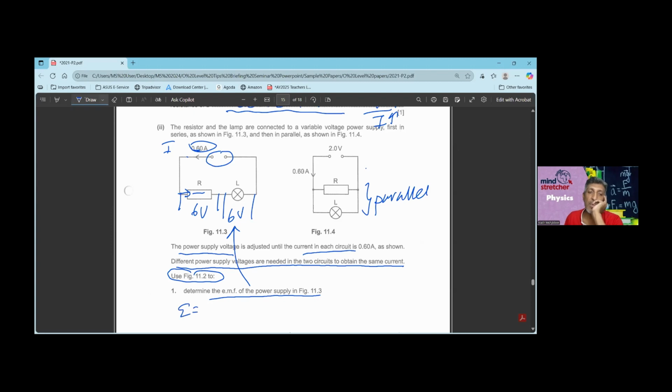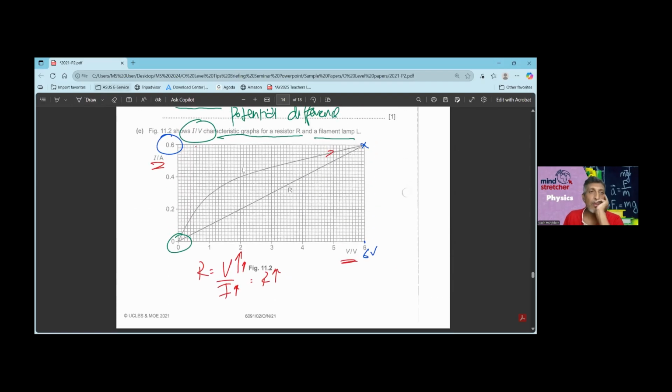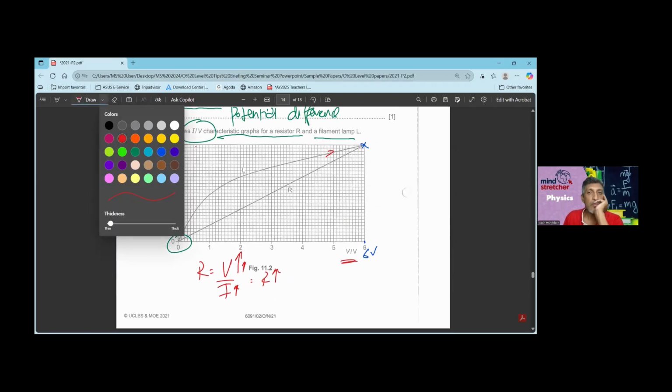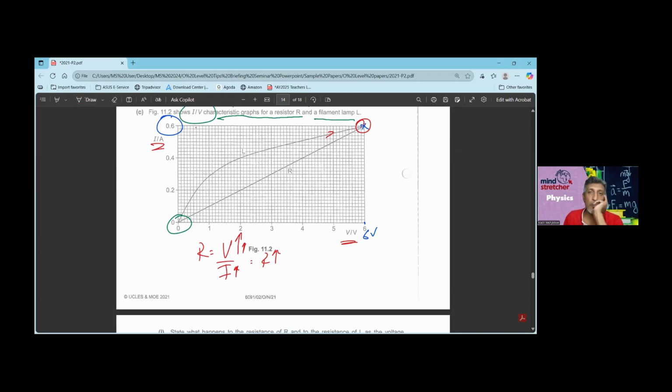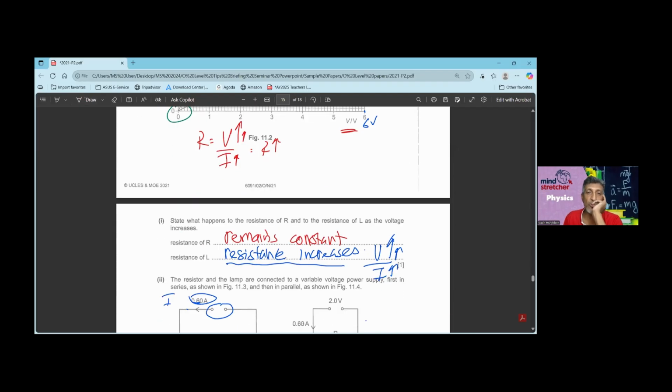So the EMF is 6 volts plus 6 volts, 12 volts. Okay, please go to the graph and see what I'm doing here. Both of them have the same current, 0.6, 0.6. So 6 volts, 6 volts.